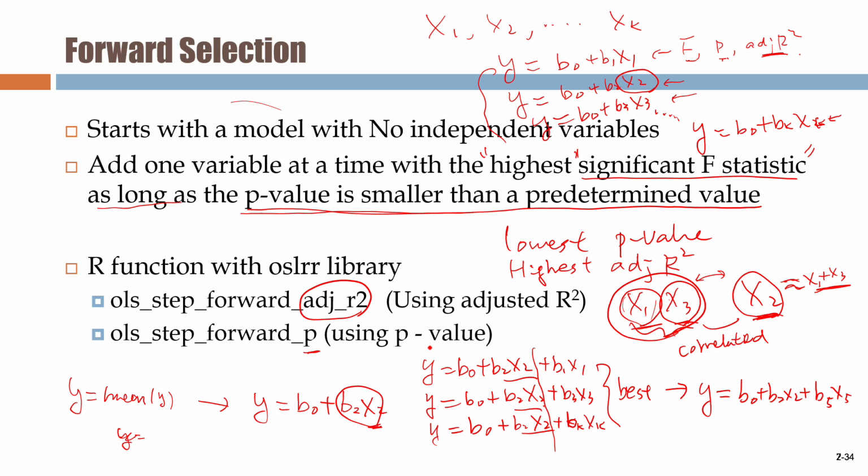Once a new variable doesn't have a small p-value, it's a high p-value, then you have to stop adding. We will see some examples in R here.